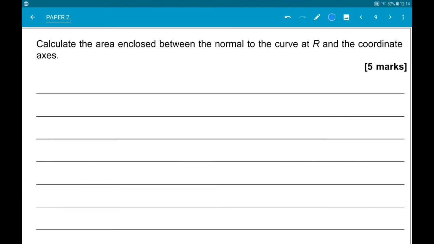Okay, then for part B, calculate the area enclosed between the normal to the curve at R and the coordinate axes.